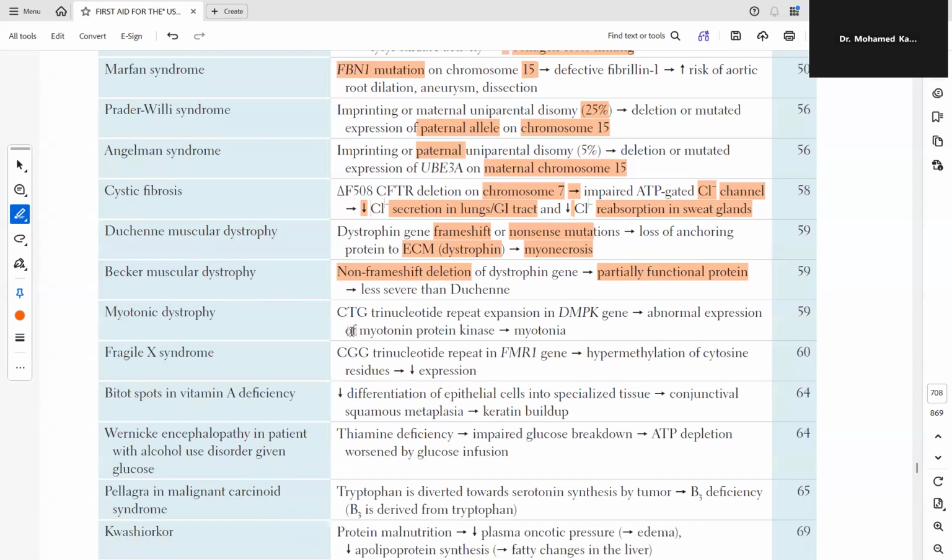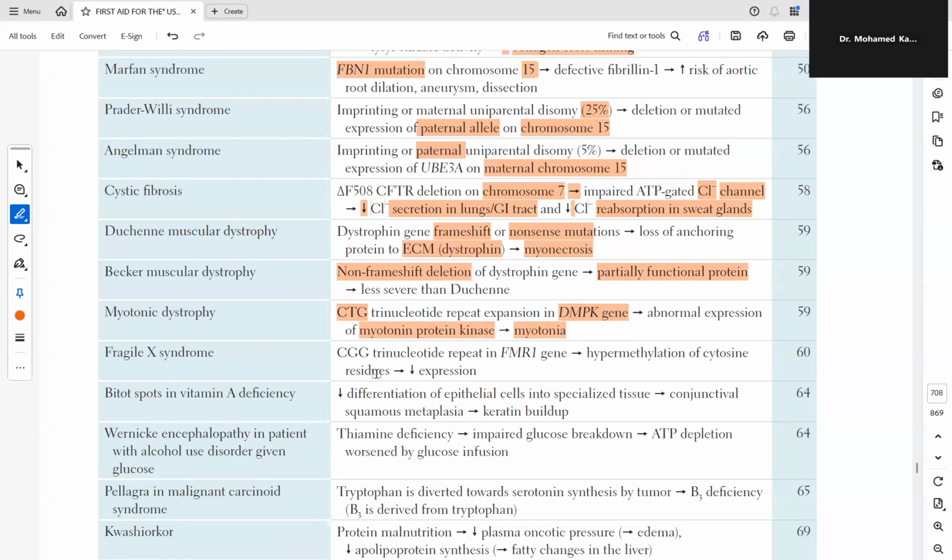Myotonic dystrophy is CTG trinucleotide repeat expansion in the DMPK gene, leading to abnormal expression of myotonic protein kinase and myotonia.